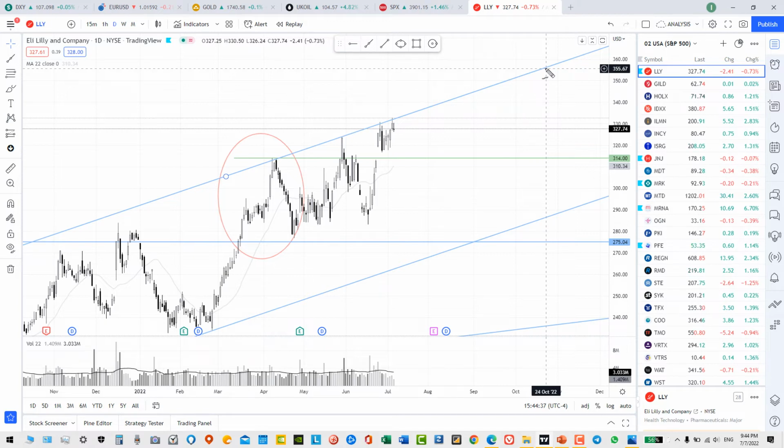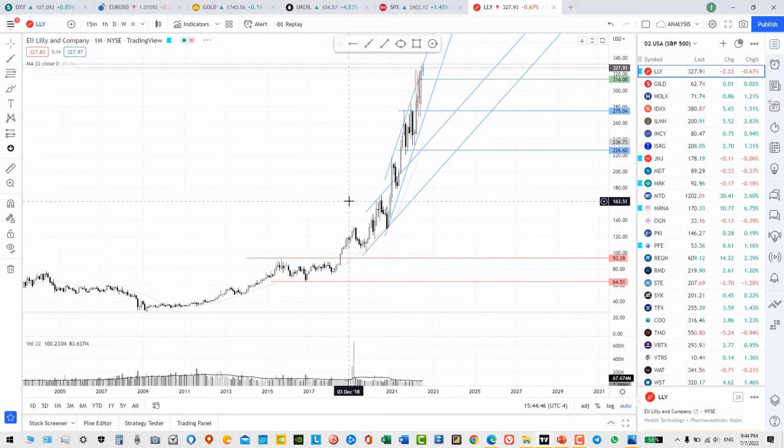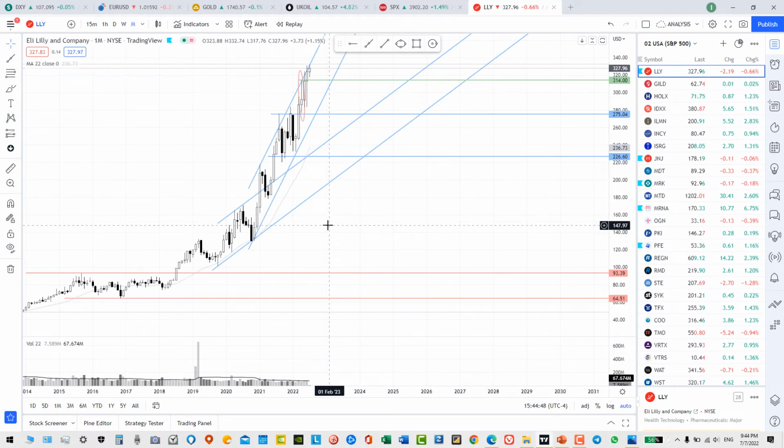So Eli Lilly is positive over all time frames. Let us check it once more. Monthly is very healthy, the angle is steep, no bearish candles, volumes are accepted and normal.